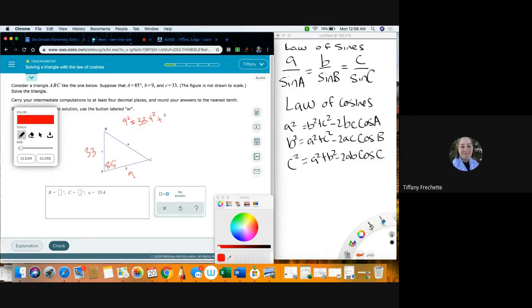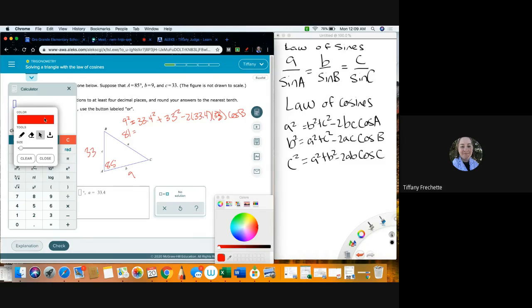I really don't like using ones like that, but we don't really have too much of a choice here. So 33 squared minus 2 times A, whoops, paying too much attention to reading my formula. 33.4 times 33. Cosine of B. Okay. So now we have 81 equals, well, let's go to our calculator here.